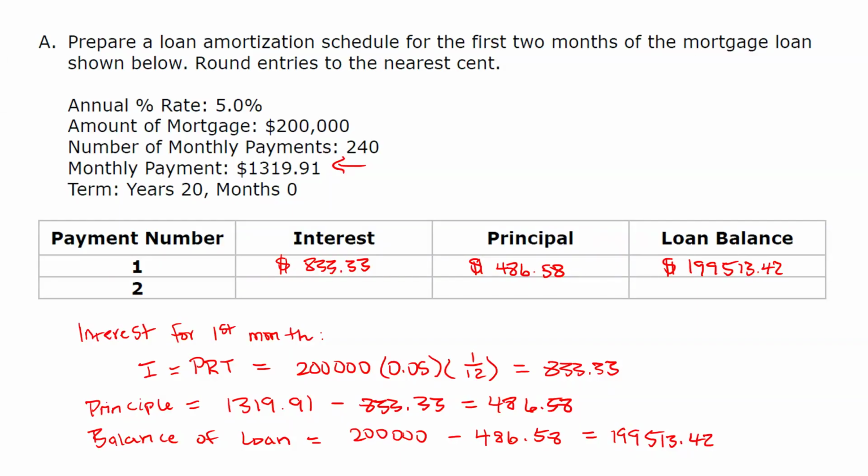We never subtract interest from the loan balance. The interest is, you can say, the penalty that we pay for having to take out the loan. So that goes to the bank. So let's find the interest for the second month.